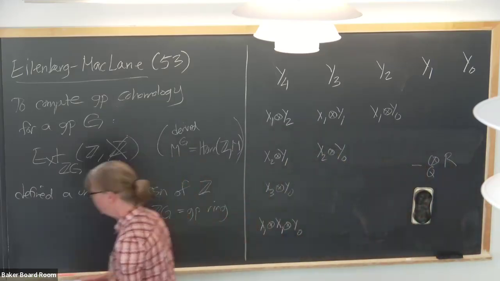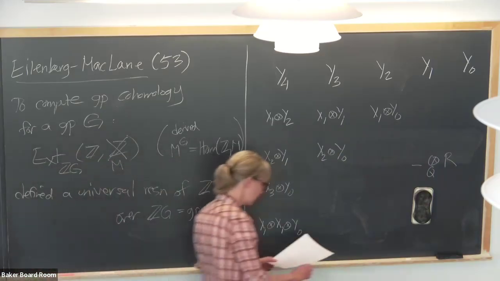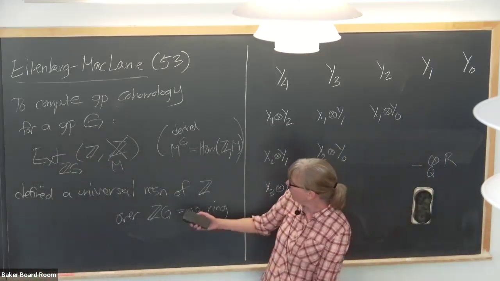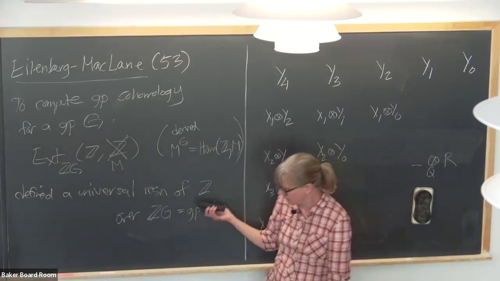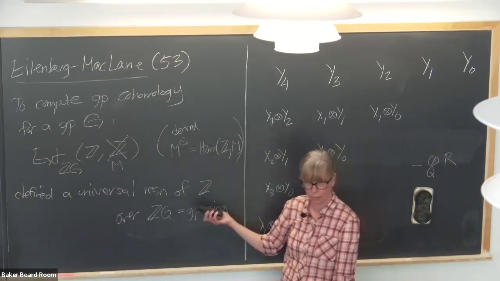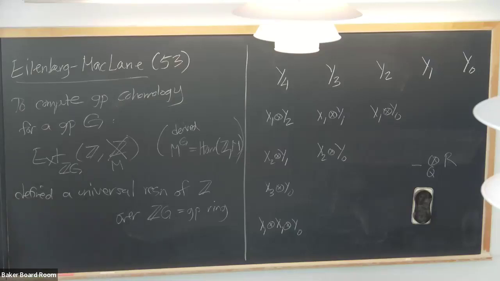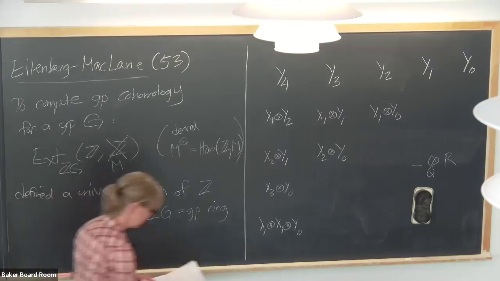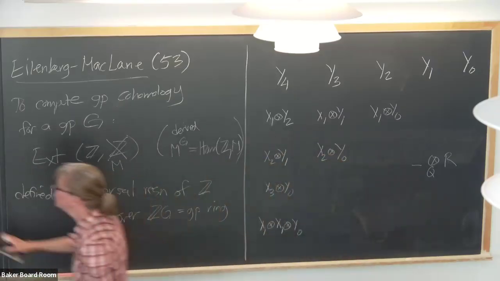Okay, so that's the bar resolution, which I'm going to start explaining now. So instead of having ZG and Z, I'm just going to take any algebra A over any K.